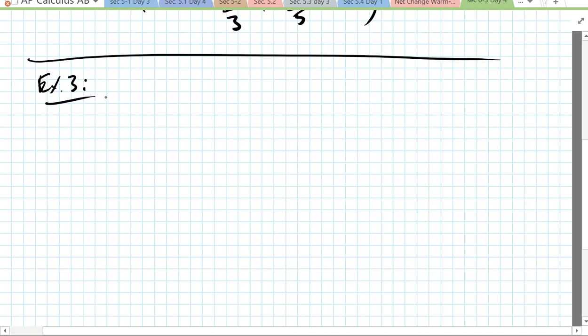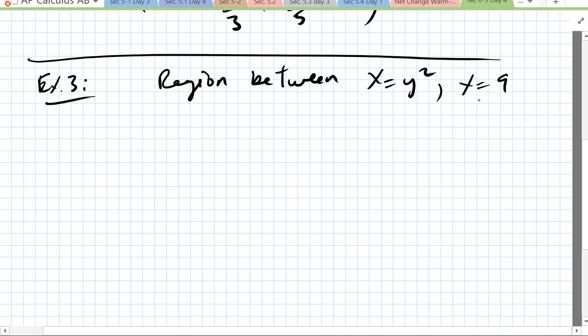This time, I want the region between x equal y squared and x equal to 9, and I want y equal to 0. I want the region between there, and I want you to revolve it around x equal to 9.